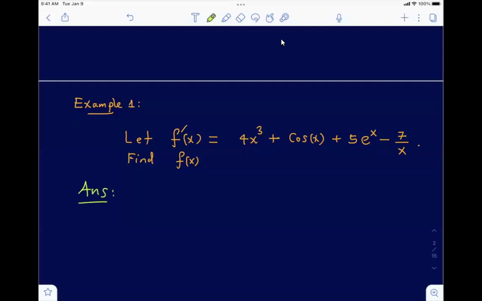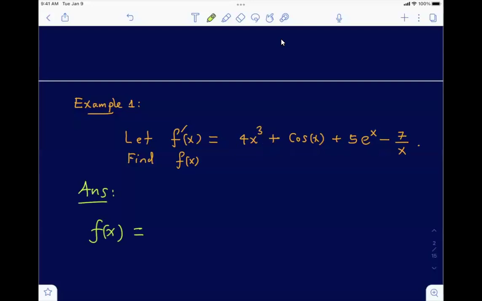The answer is pretty simple in this scenario. All you need to do is recognize whose derivative is going to be each of these individual components. Familiarity with derivatives will be the key for all of these computations. So f of x, let me just write it, 4x cubed. Now think about your differentiation.